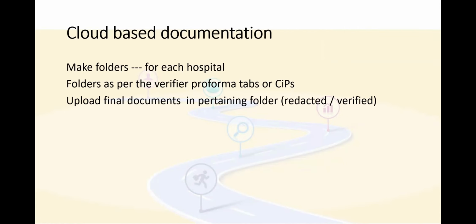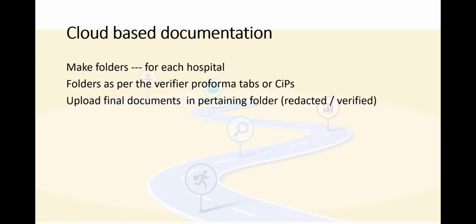I think the most important advice which I give is that please gather your evidence on a cloud. It should be shareable with yourself, and accessible from anywhere in the world. There are many drives available: Google Drive, Apple Cloud.